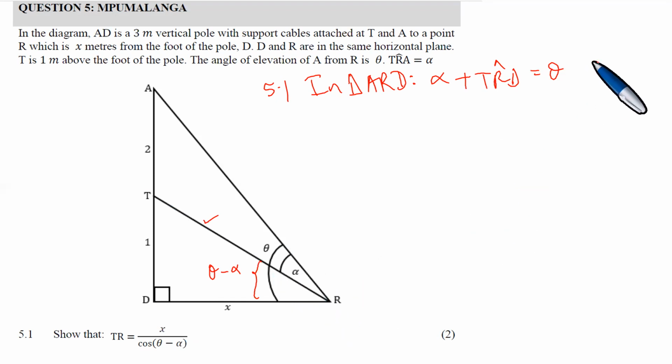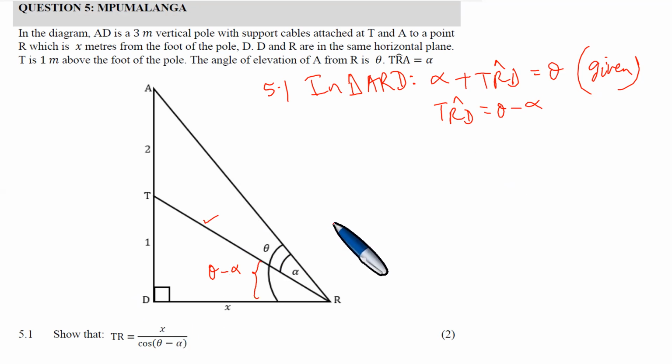Why is this the case? Because it has been given that way in the diagram. From this you see that angle TRD is equal to theta minus alpha, which is what I've just written here.